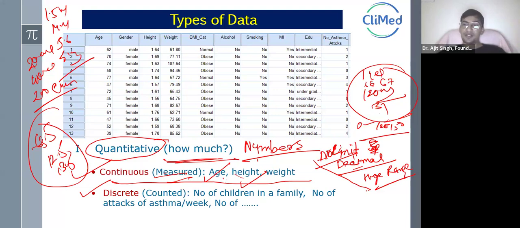It is numbers: how much? This is quantitative type of data. But when we go to the other part of quantitative data, that is discrete. Discrete will not follow all these three things. Discrete type of data.